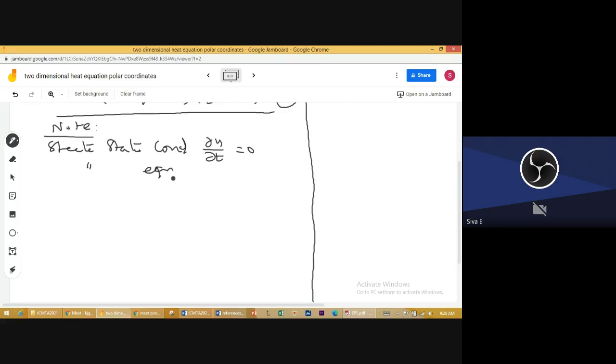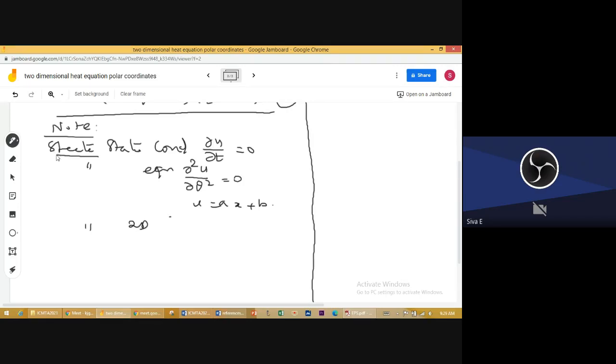Steady state equation for the one-dimensional heat flow: dou square u by dou x square equal to 0, sorry, not dou theta square. You know what the solution of this is? u equal to Ax plus B. And one more thing, the steady state equation for two-dimensional heat flow.